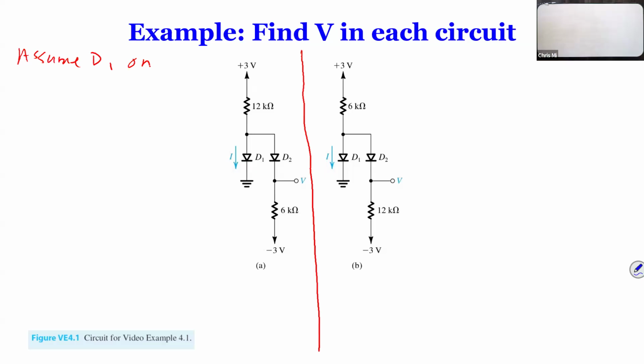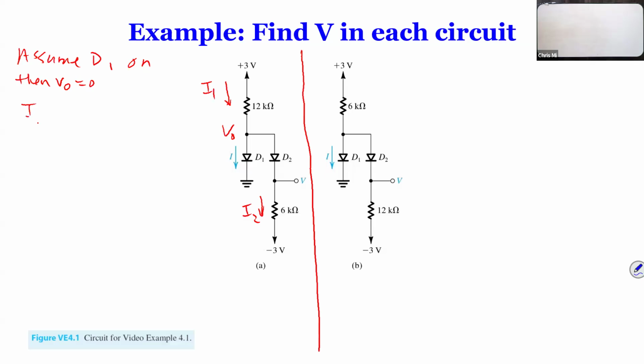If we assume D1 is on, how much voltage would you see at VO? It will be 0, because if D1 is on, its bottom is connected to ground. So if VO is 0, how much current is here? Let's call it I1, and this I2.